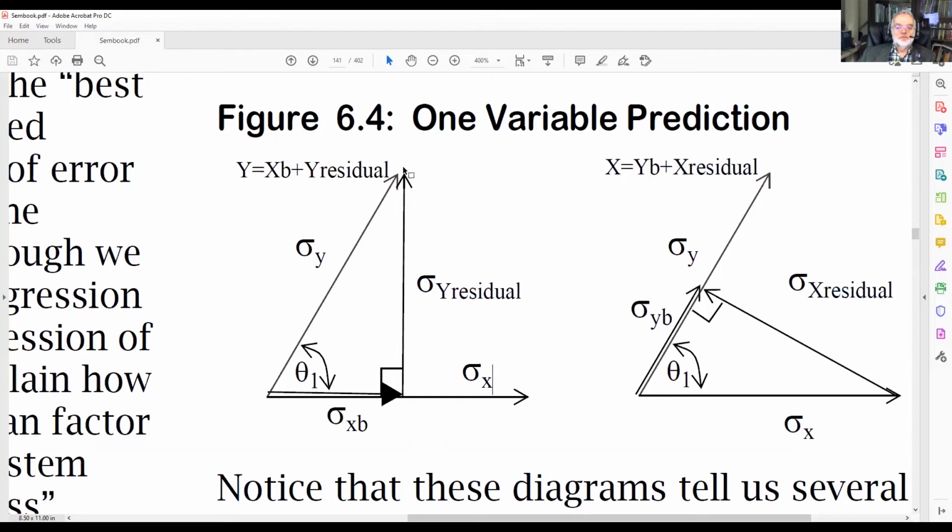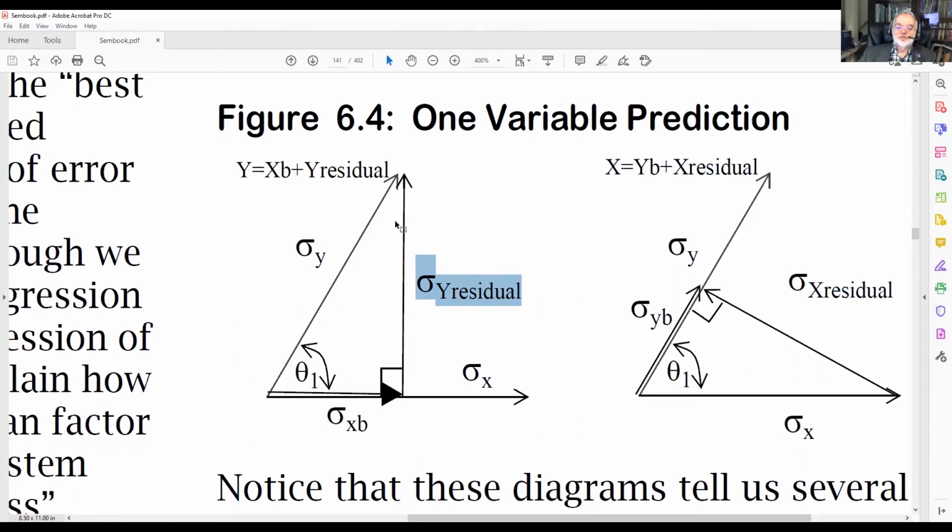Or if you think a little bit about our old friend Pythagoras, the square of this plus the square of this is equal to the square of this. Well, the square of y is the variance of y. The square of y predict is the variance of y due to x. And the square of the residual scores is the error variance.